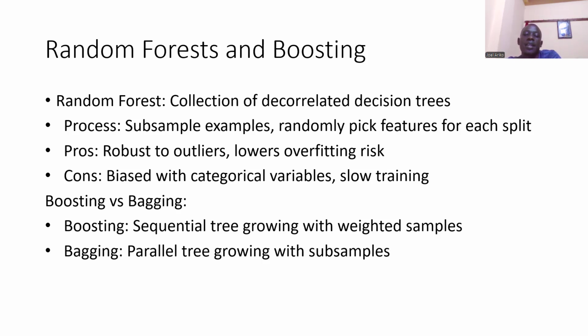The process is that we randomly pick features at each split of the sample examples. It also has advantages. For example, it's robust to outliers. It detects outliers faster, meaning it lowers overfitting risks. Then it has disadvantages. For example, it's biased with categorical values, and training is slow.